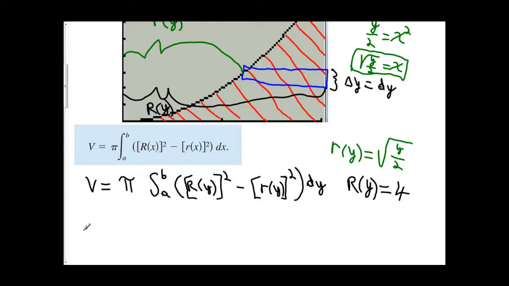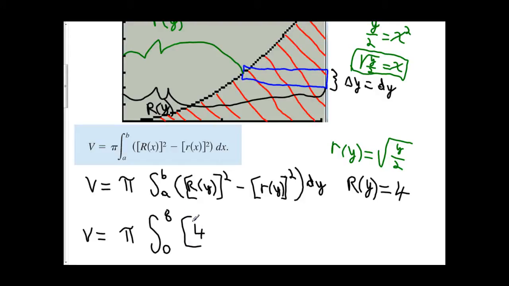So let's go ahead and set up the integral. The volume of the solid of revolution is going to be pi, and I'm going to integrate from a to b, which we just discussed. The y values start at 0 and end at 8. And I'm integrating with respect to y, so I know I have to look at the y-axis for my lower and upper limits of integration. The capital R of y is the number 4.